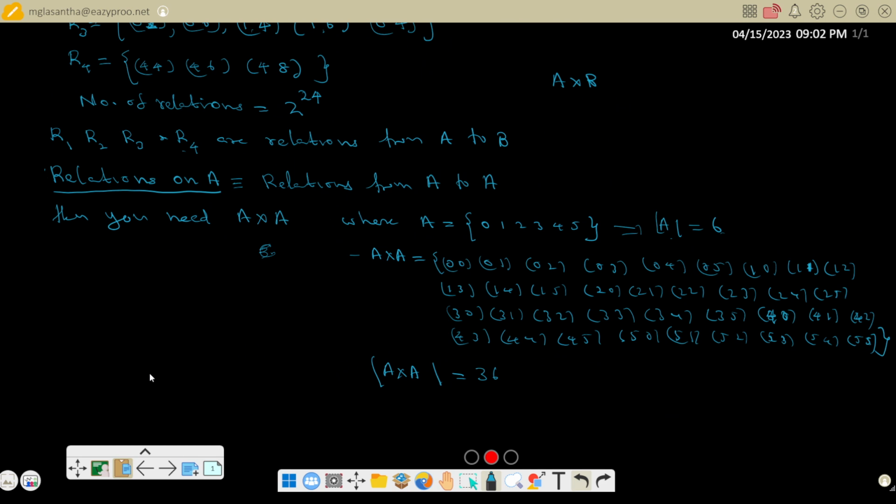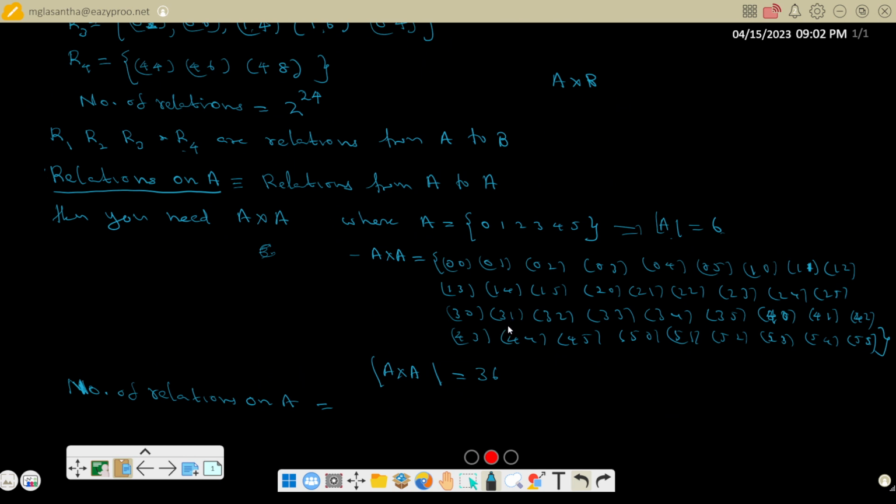Then how many relations are there on A? If we choose any subset of A cross A, that's a relation.